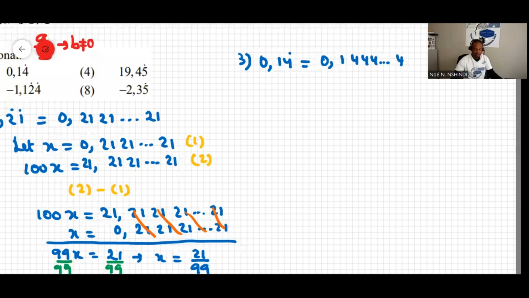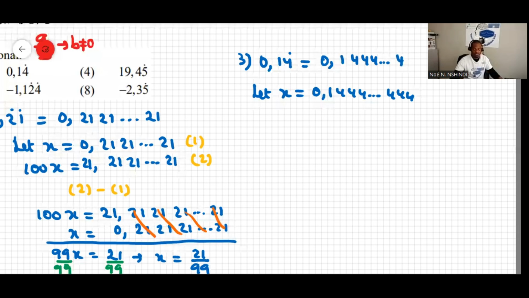So in this case, I will first say let x equal to 0, 1, 4, 4, 4 dot dot dot 4, 4, 4. We will multiply here by 10 first, because I want to get rid of this 1 here. This will be 10x equal to 1, 4, 4, 4 dot dot dot 4, 4, 4.